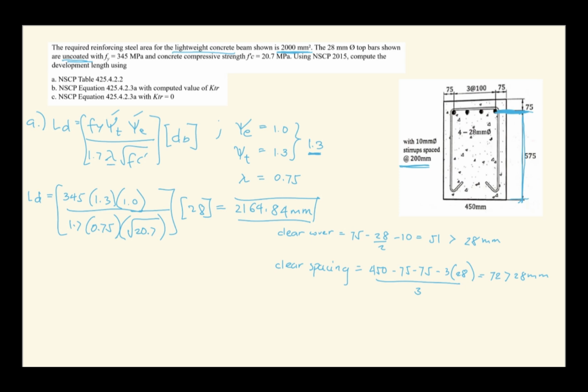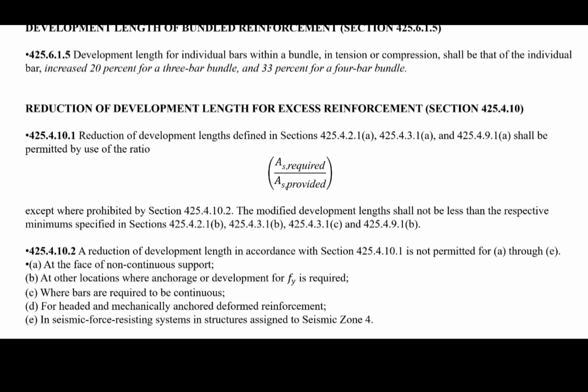This can be seen in the provision that a reduction can be made by multiplying the computed development length by AS required divided by AS provided.